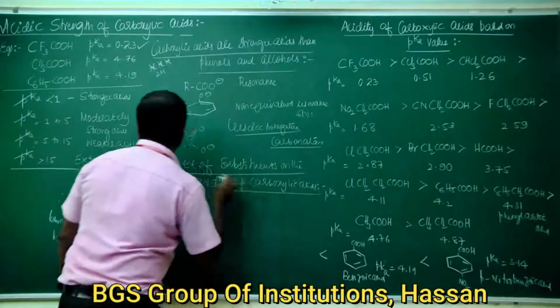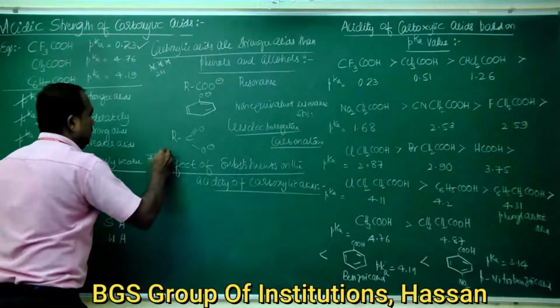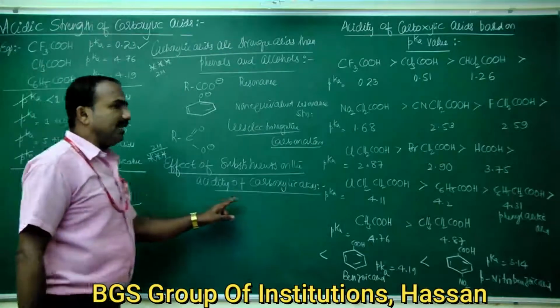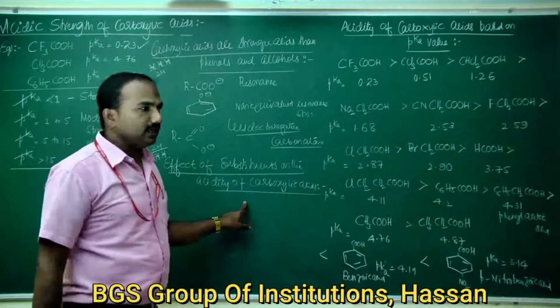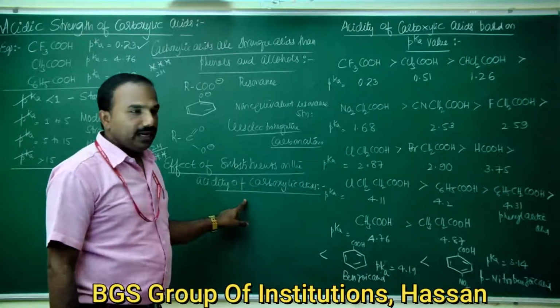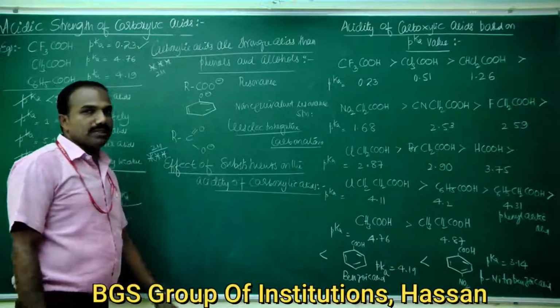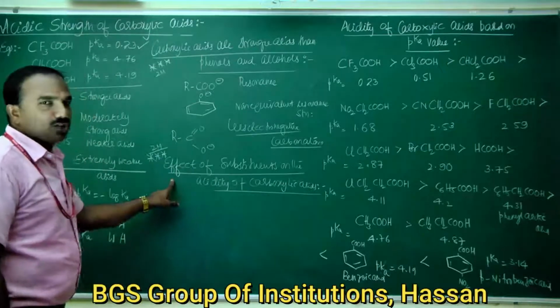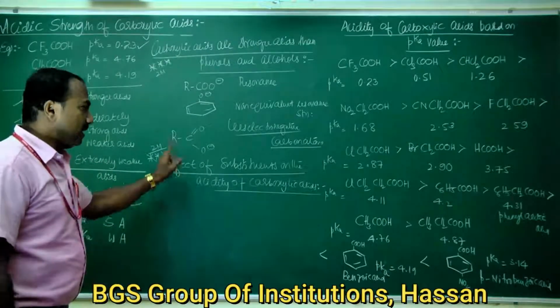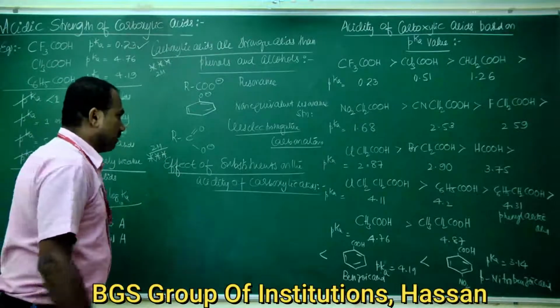Next important is the effect of substituents on the acidity of carboxylic acids. So this is very, very important. It has been asked so many times in the annual examination question paper for 2 marks and 1 mark.